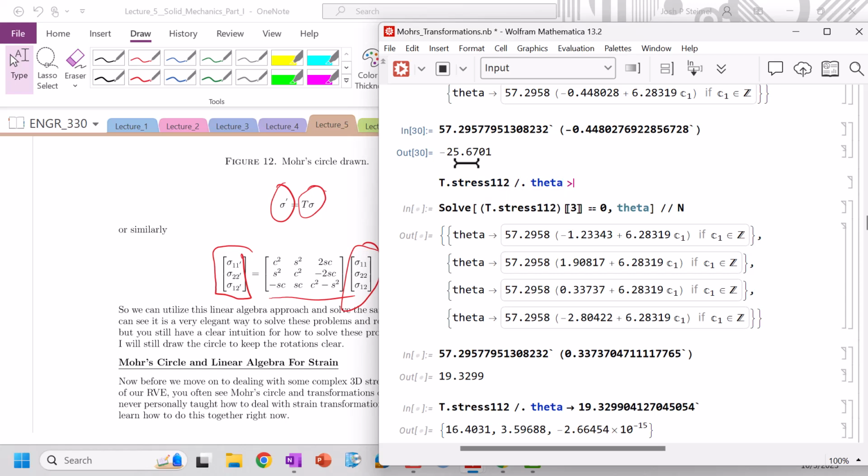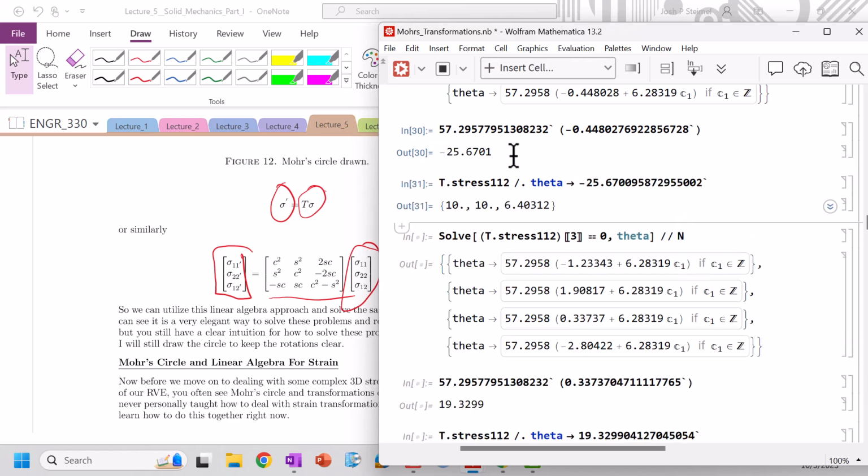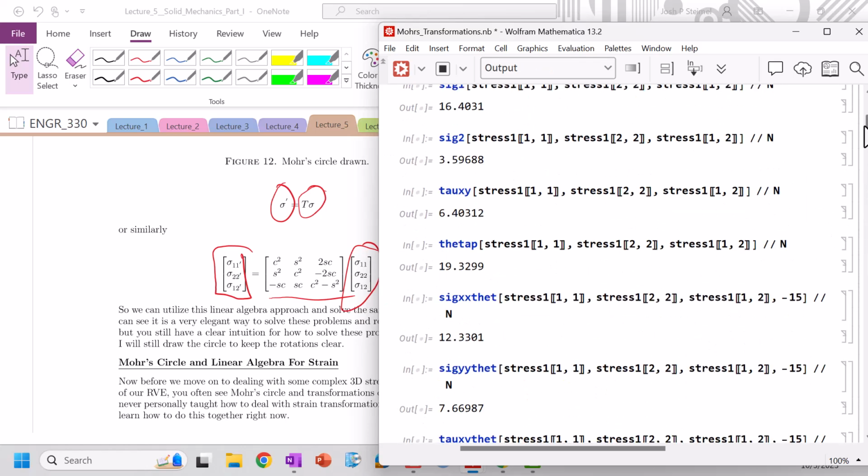This is just replacing theta temporarily with this value. This is minus 25. And you see we're at the center of our Mohr circle, and then our maximum shear, 6.4. That value looks familiar right here.